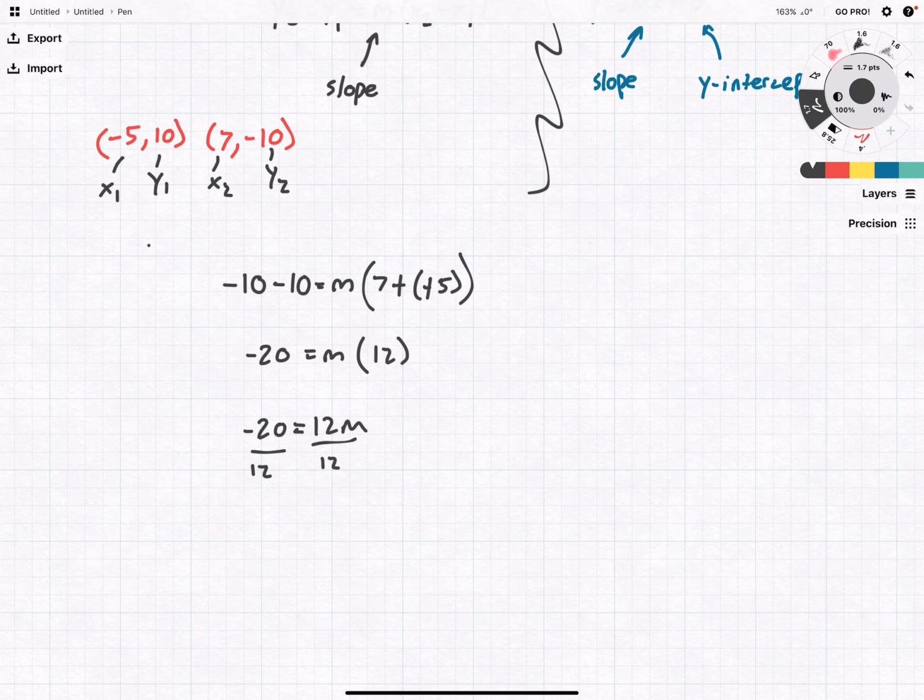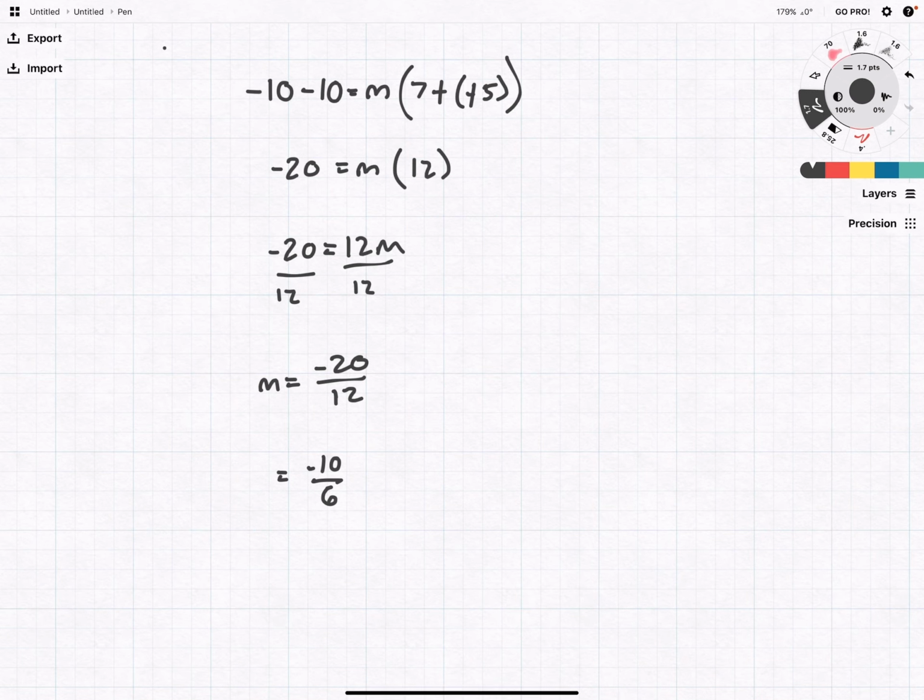And when we do that, we'll get m equals -20 over 12, which, if we simplify that a little bit, that could be -10 over 6, and that could be simplified even further. So -5/3 ends up being our slope. So m equals -5/3. Good, okay.